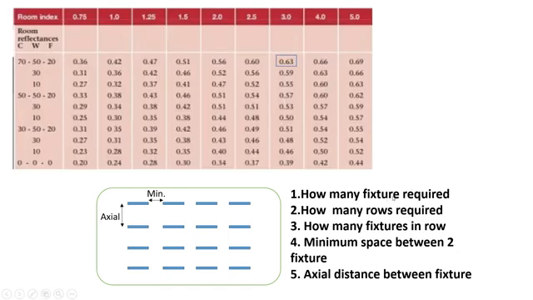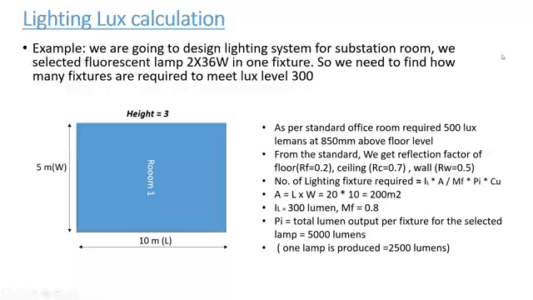How many rows are required for that room to meet the lux level, how many fixtures are placed in each row, the minimum space between the fixtures, and the axial distance between the fixtures? These remaining things I also need to calculate. So let us see one example of lighting lux calculation, then your doubts will be clear.